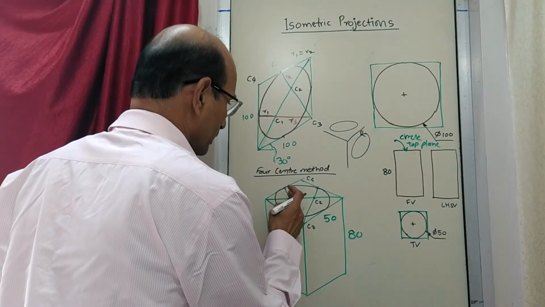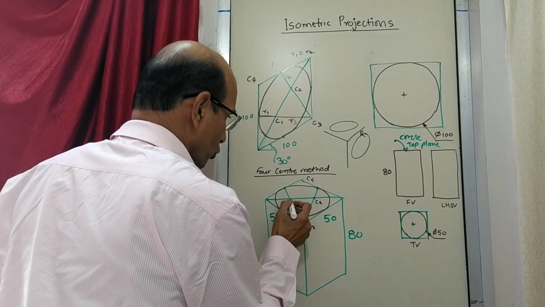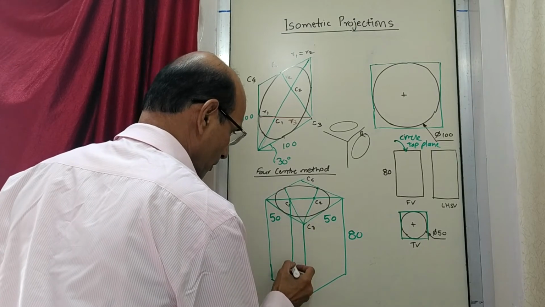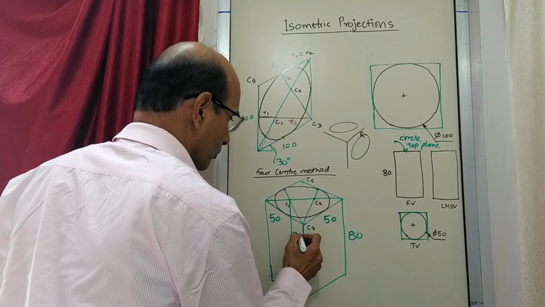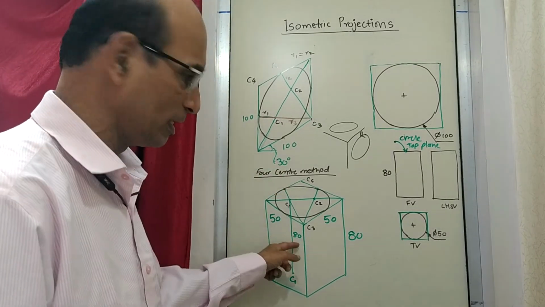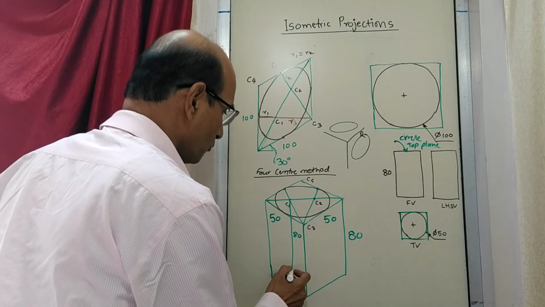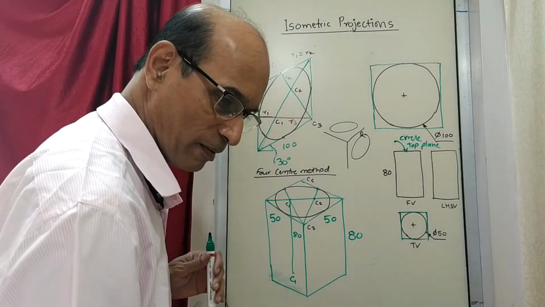So how do you draw this arc? We have used center C1, so only shift C1 down by a distance of 80, and then you draw the same arc again.